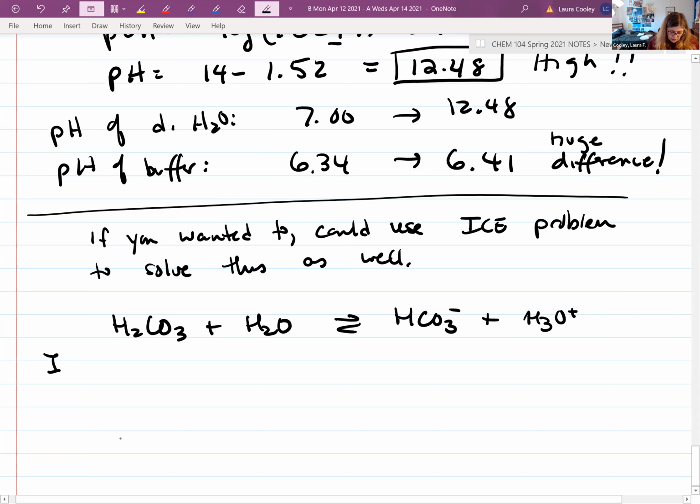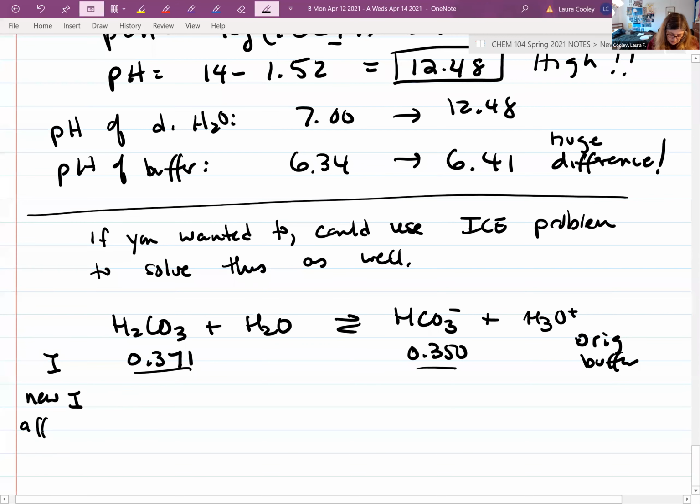Right? So we had 0.371 in the original buffer. So that's the original buffer. These are the initial concentrations. So then what happens is we have a new initial set of concentrations.